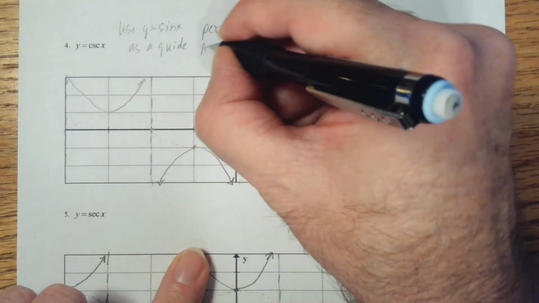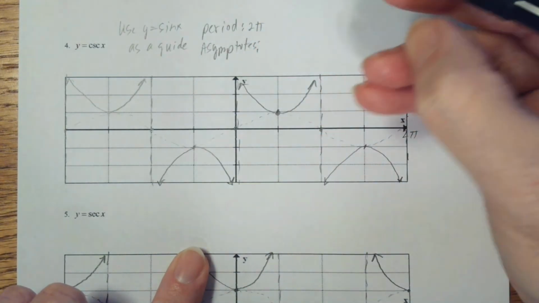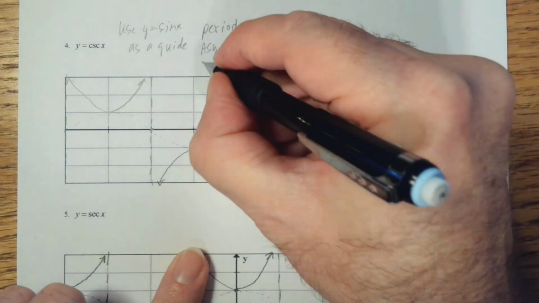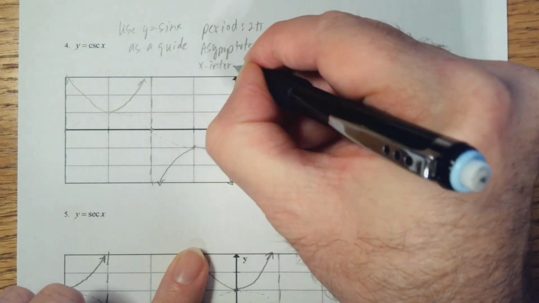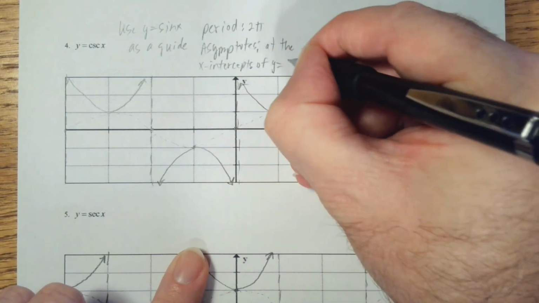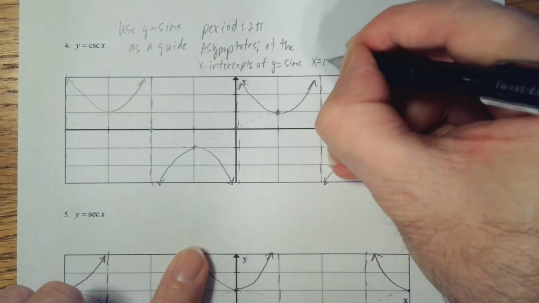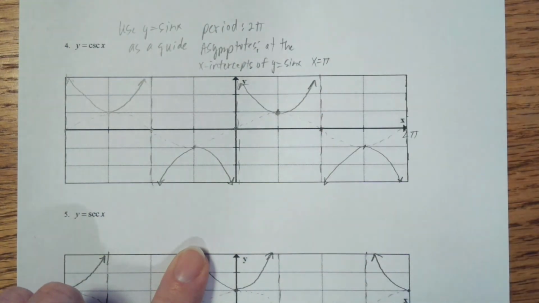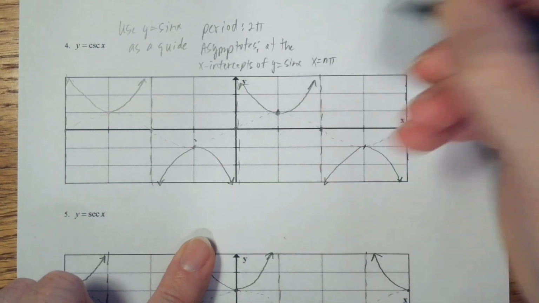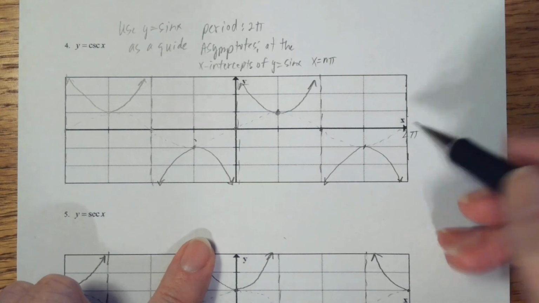Notice we have asymptotes, and these are at the x-intercepts of y equals sine x. The other way to say that is at x equals n times pi. Notice at 0 and then pi and then at 2 pi. So basically the multiples of pi.